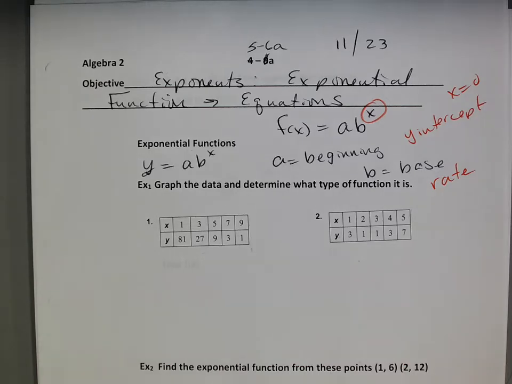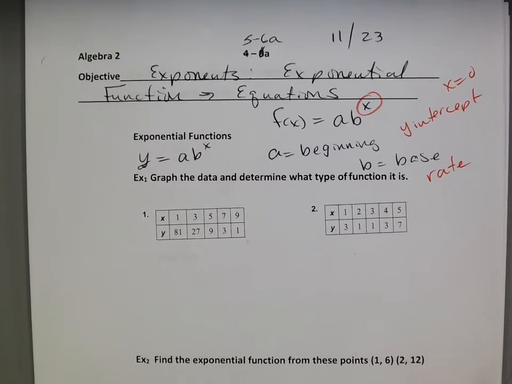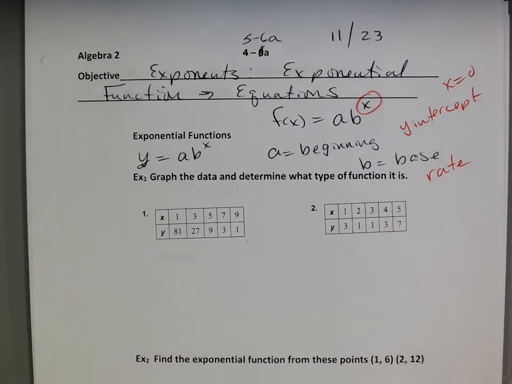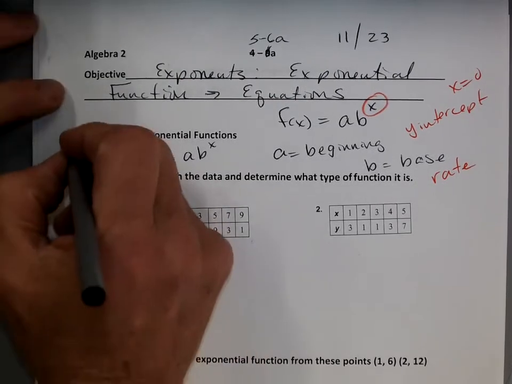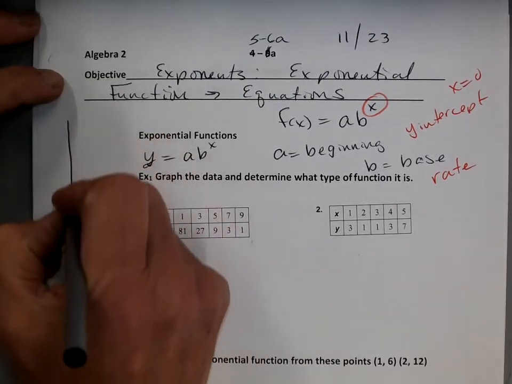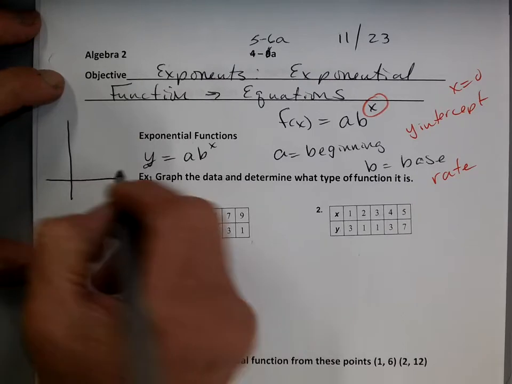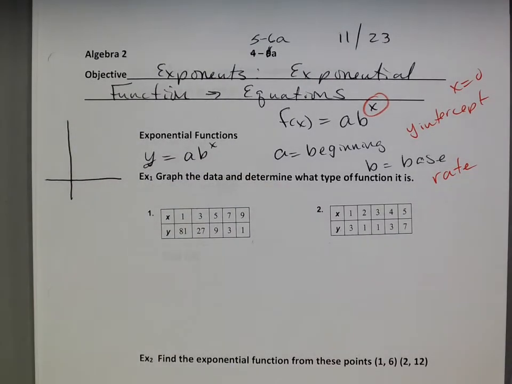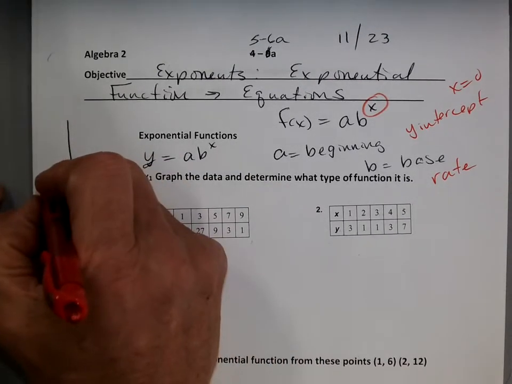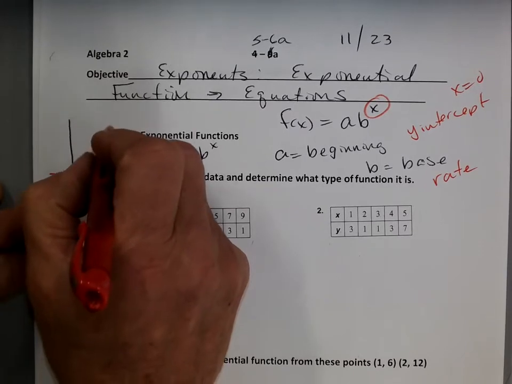okay? So number one, it says graph and determine what type of function this is. One of the things we do know, and real quickly, we've seen this, is that exponential functions look like this. I'm just going to make a real rough sketch, okay? If it's growth, they look like this, almost like a J shape.